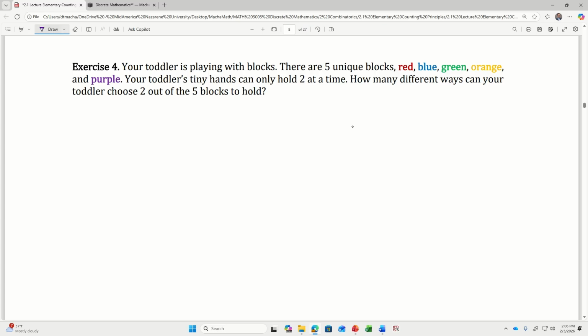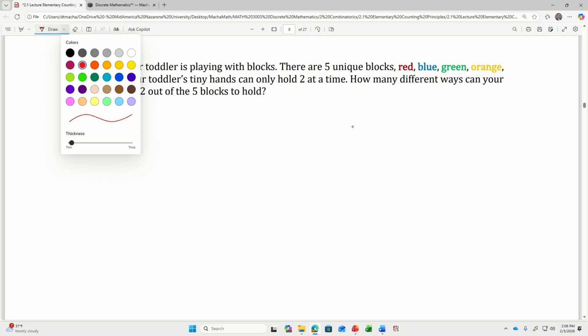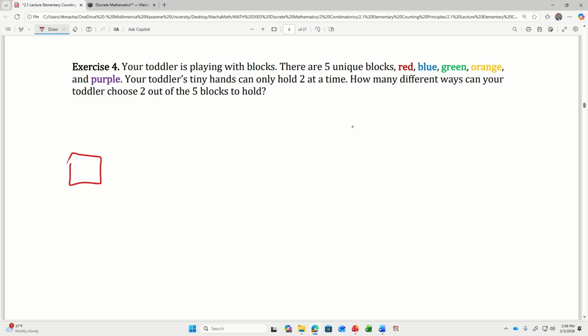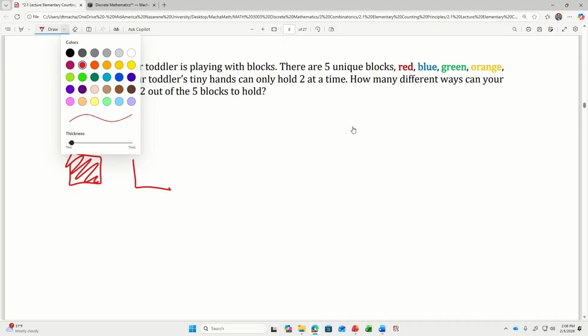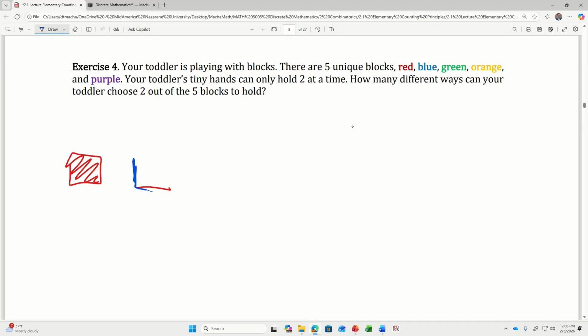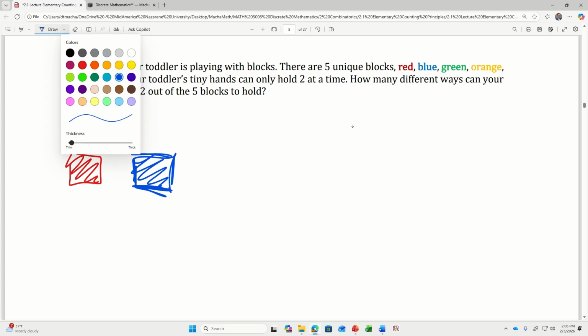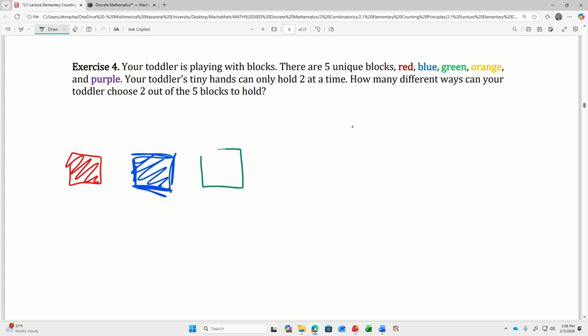Okay, new question. Your toddler is playing with blocks. There are 5 unique blocks. There's a red block, a blue block, a green block, an orange block and a purple block.